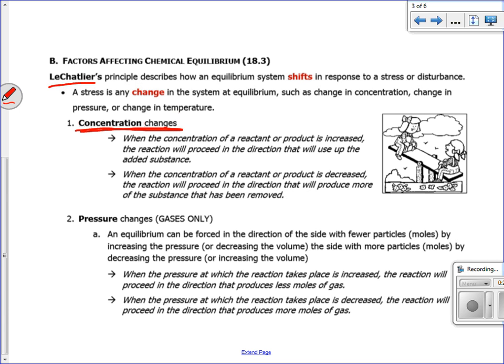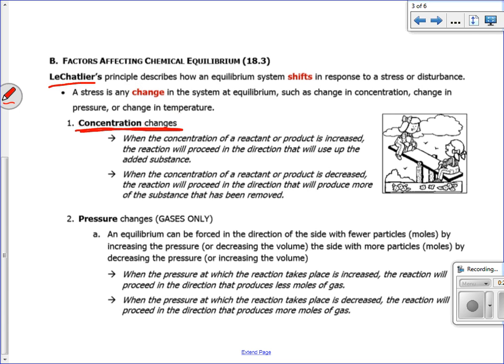Now, if you change concentrations, you can do it 2 ways. You can add in more stuff, or you can take away stuff, remove stuff. If you add something into a reaction, it's going to shift the other direction, go to the other side. That's the first thing.